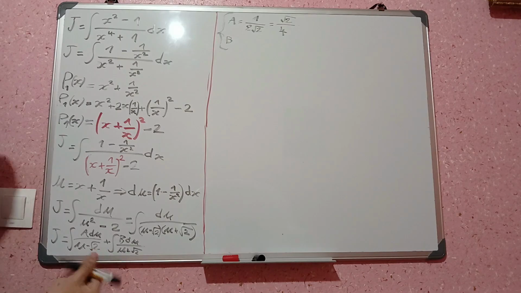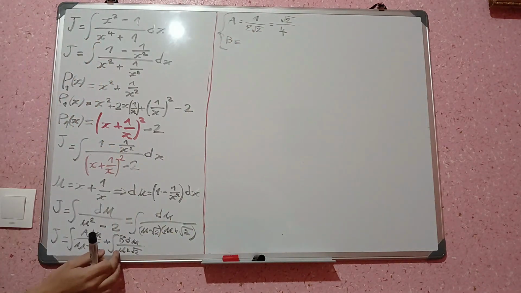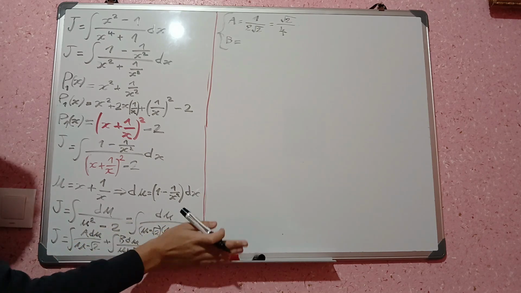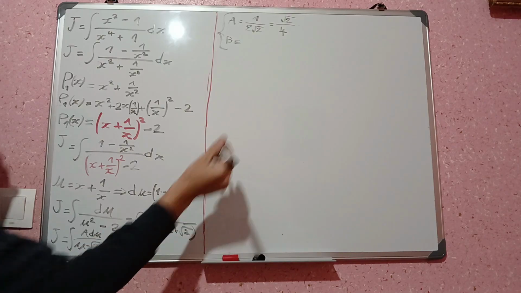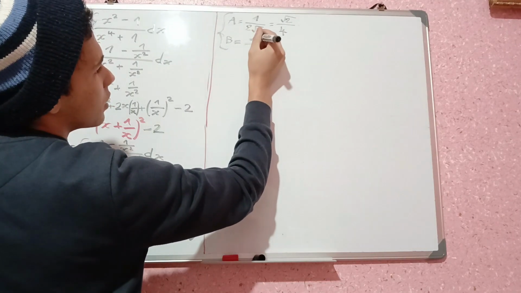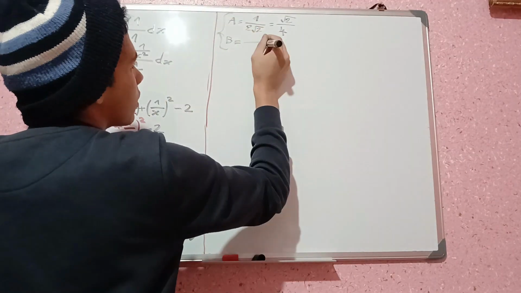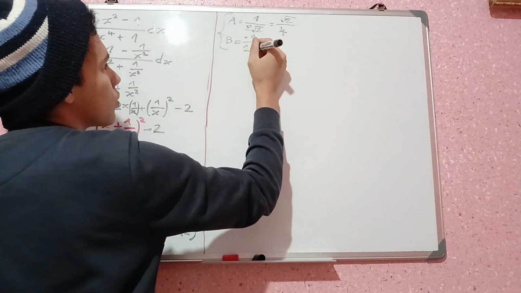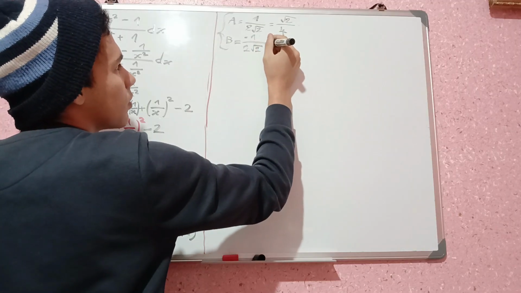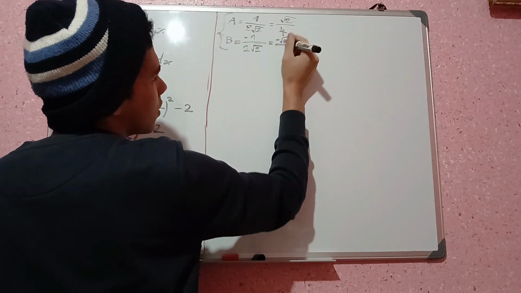We do the same thing for b: put u plus square root of 2 equal to 0, so that u equals minus square root of 2. Hide it, put minus square root of 2 in the other factor, so you get minus 1 over 2 square root of 2, which is the same as a but negative.